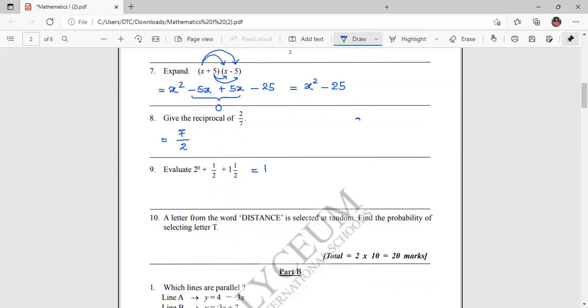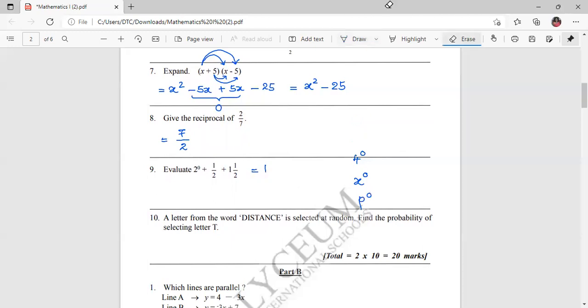This 0 is not a degree. 4 to the power 0, x to the power 0, p to the power 0, whatever the base, if you see it is to the power 0, that means the index is 0, and the value will be 1.